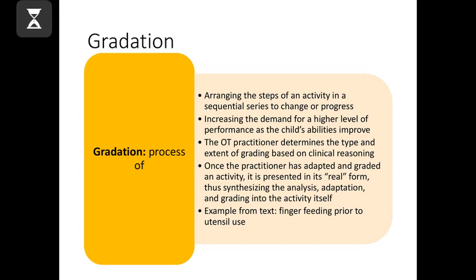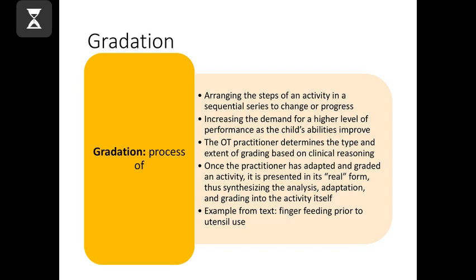Another example from the text, and if you want to see the picture, it's on page 172, I think, figure 10-12. It shows a child who's just beginning to eat, and they are finger feeding themselves, and the practitioner is fine with that. But then they're going to eventually introduce a utensil so that the child is learning to feed using the utensil.